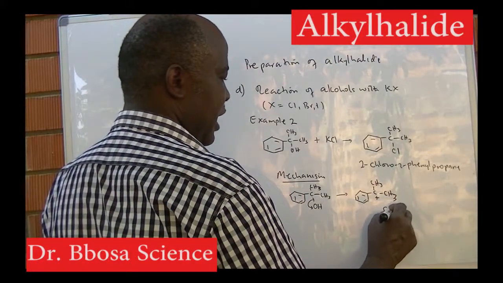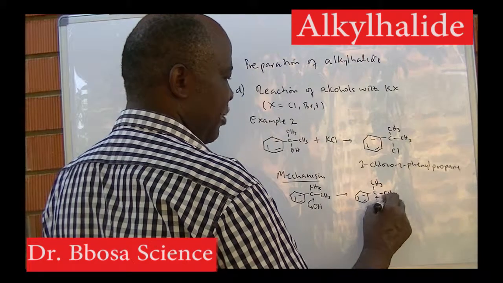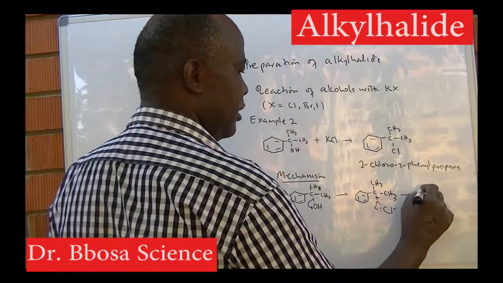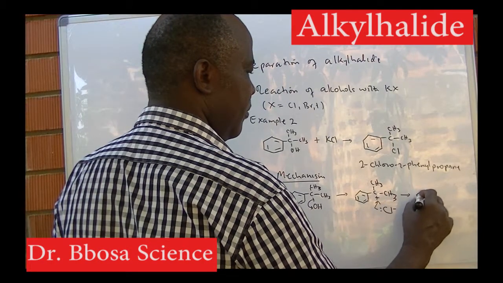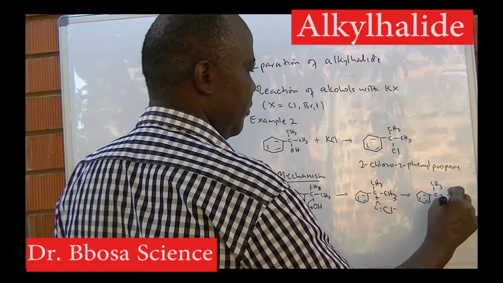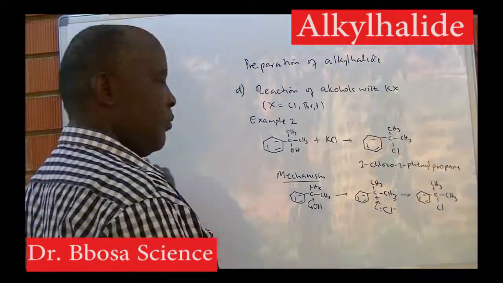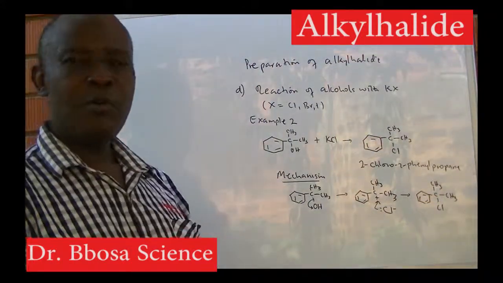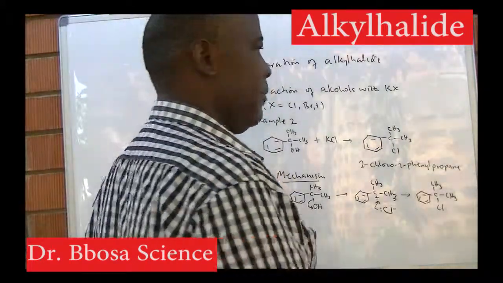Then the chloride ion uses a pair of electrons to react with the positive carbon to get 2-chloro-2-phenylpropane.